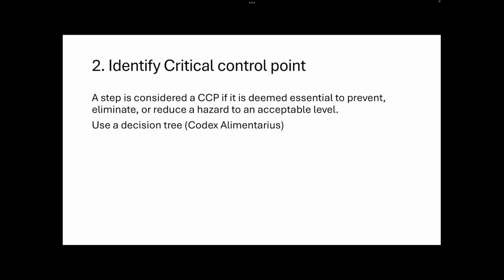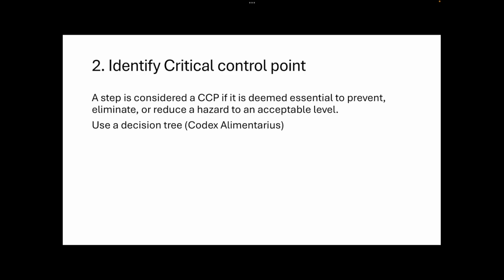Think about, first of all, what might be necessary. Let's say you are making a burger. So what step is there that will kill bacteria? Because bacteria are hazards in meat, and you do not want those to survive for food safety.